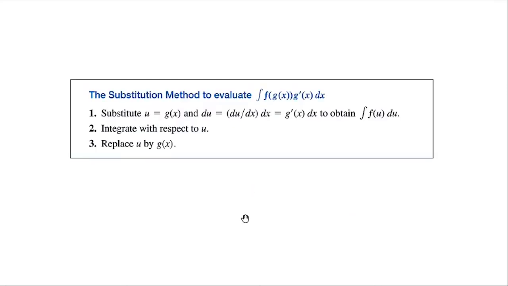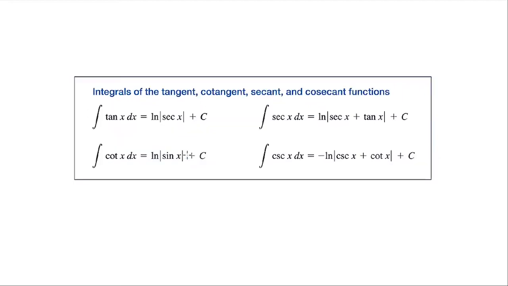First, find the right function to substitute for, then find the derivative of that function, then change all the variable x into the variable of the new substitution, in this case u, and then find the integration.